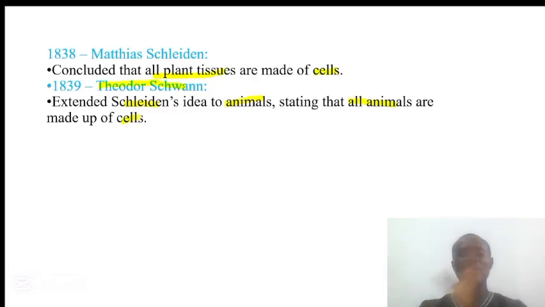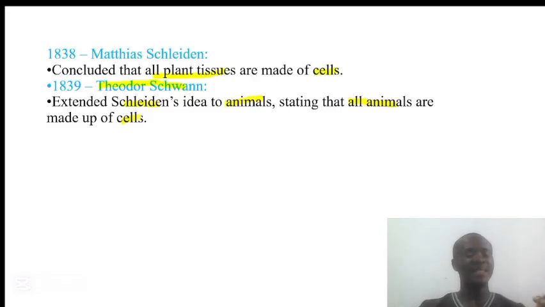This gave us the two cell theories: one, the cell is the basic structural and functional unit of life, and two, all living organisms are made up of cells. By then we just had kingdom Animalia and kingdom Plantae, and both are made up of cells as stated.